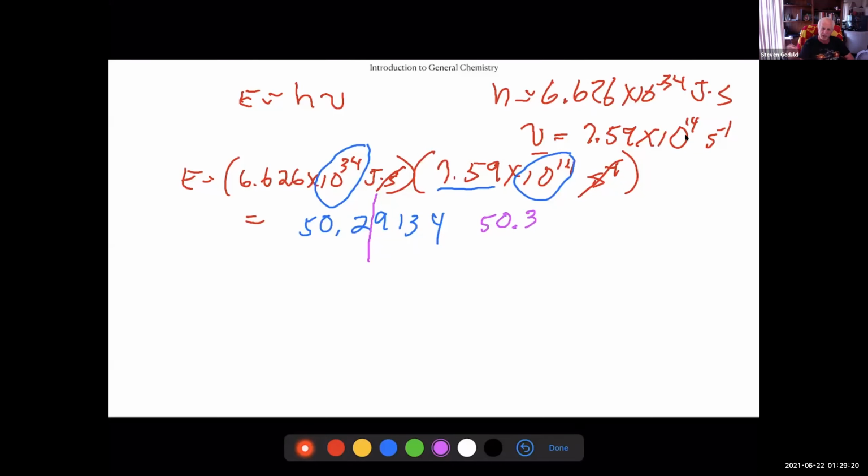Okay, now we do our exponents. We have 10 to the 34 and we have 10 to the 15. Okay, let me check all that here. Wait, so it wasn't 10 to the 11?